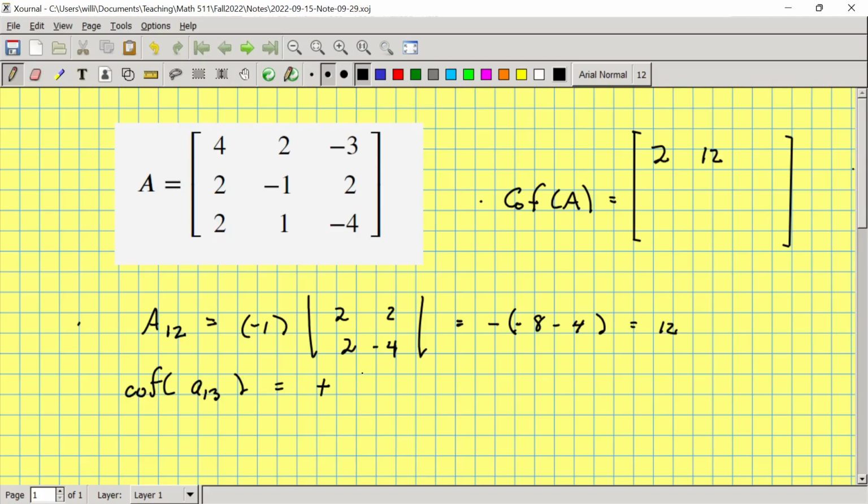Plus. The determinant, now, I remove, it's in row 1, so I remove all of row 1, and it's in column 3, so I remove all of column 3. And I'm left with the 2 by 2 matrix with columns 2, 2, and negative 1, 1. And what's the determinant here? 4. So the cofactor is positive 4.